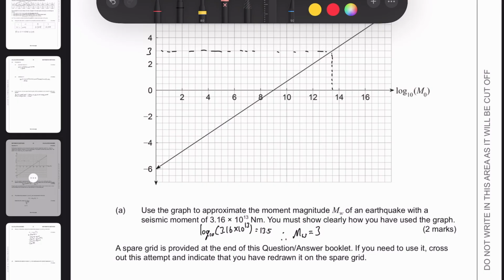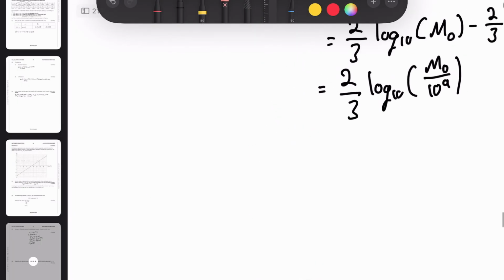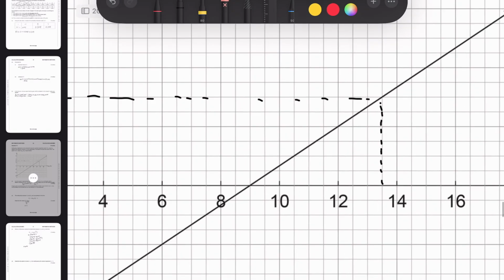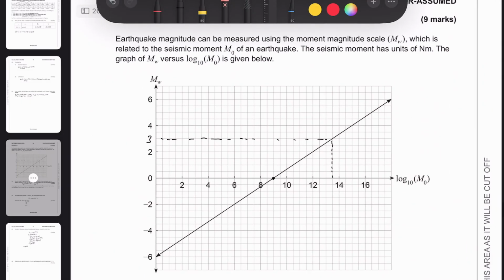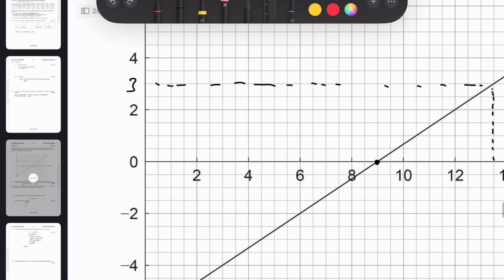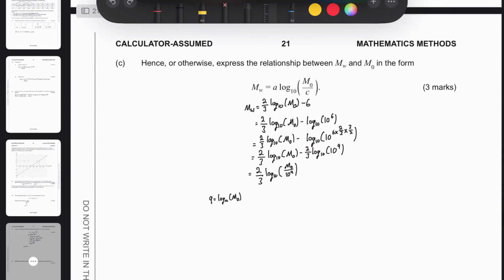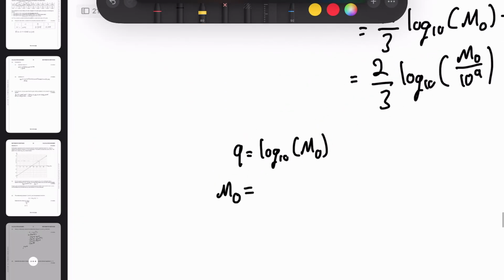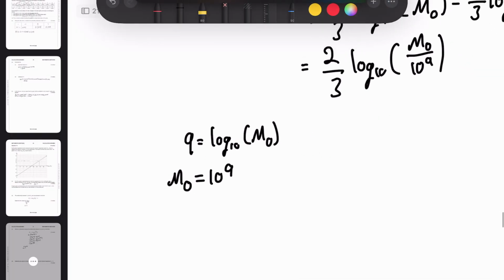Or we could also do it as 9 is equal to log 10 of m0, right? Because when this is 9, obviously we're going to have some certain m0 there. And also interesting is that mw is equal to 0. So if we have this, then clearly m0 is equal to 10 to the 9.